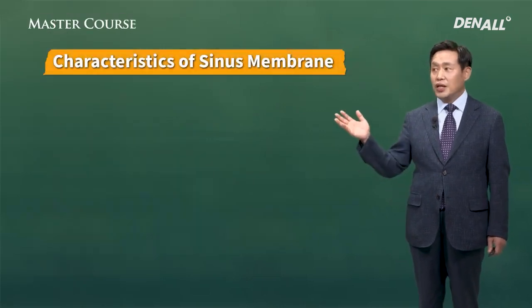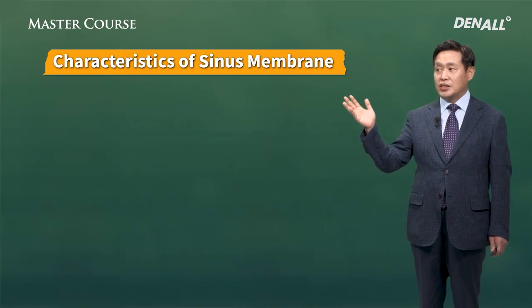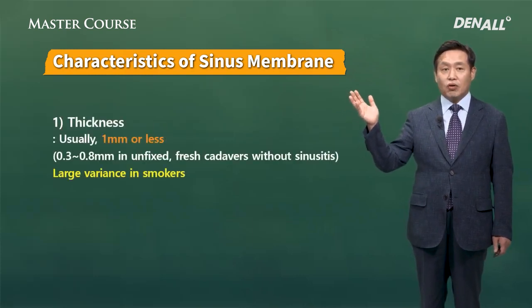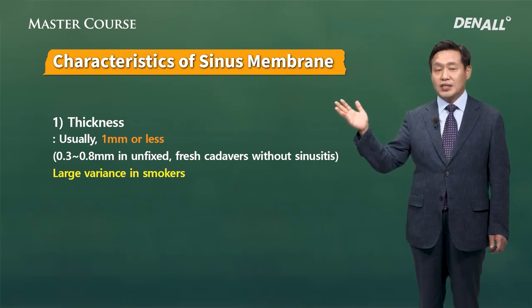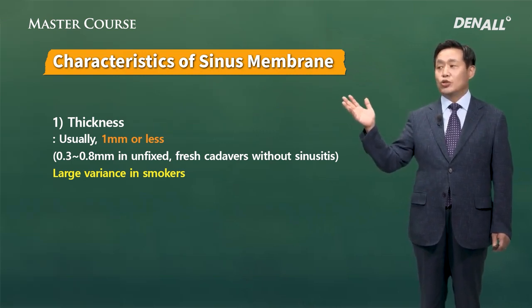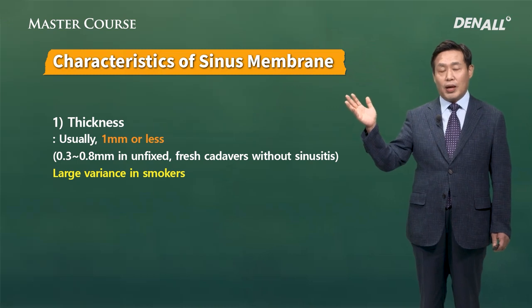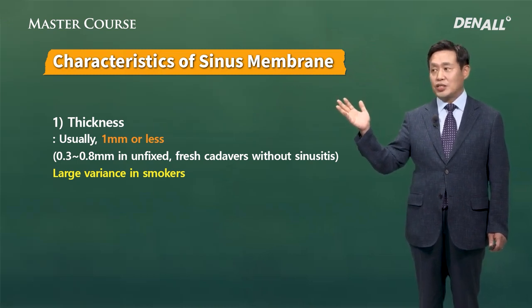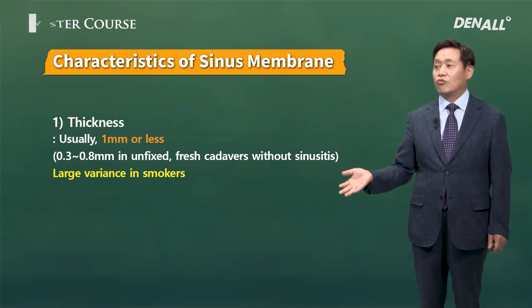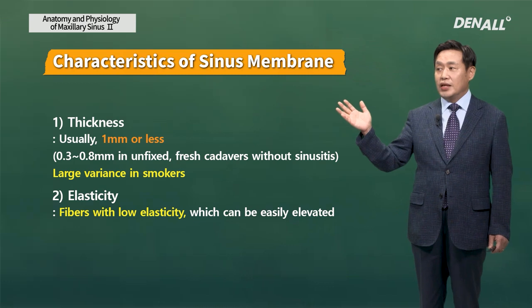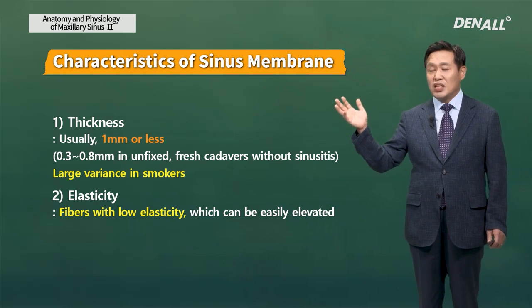As I said before, regarding the characteristics of the sinus membrane, the thickness is about 1 millimeter or less, but there are large variations. Usually it gets thinner in smokers, but sometimes it can get thicker too. The sinus membrane has few elastic fibers.